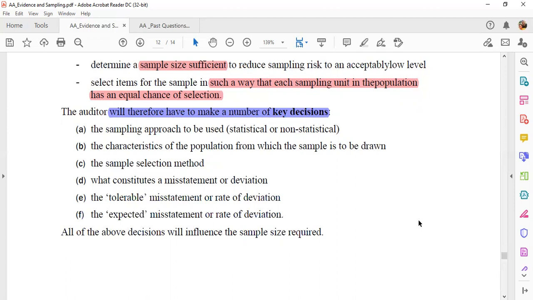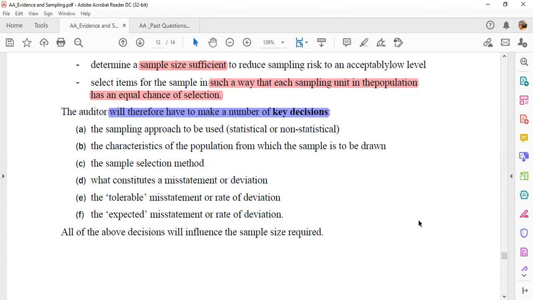The sampling approach that you're going to use, whether it is statistical or non-statistical. Statistical, we are going to use probability. Non-statistical, we are not going to use probability. So you need to determine the approach you're going to go for.